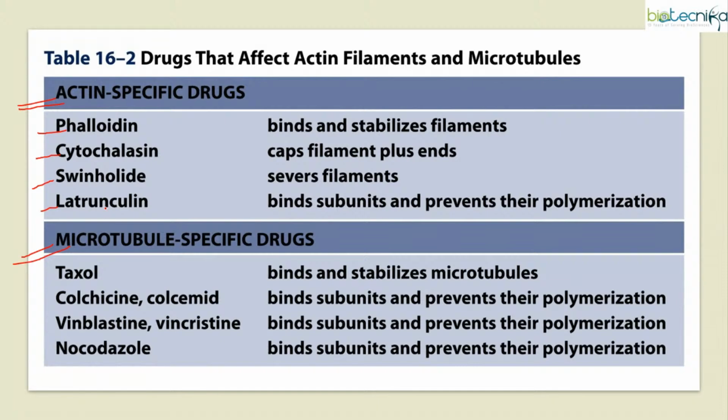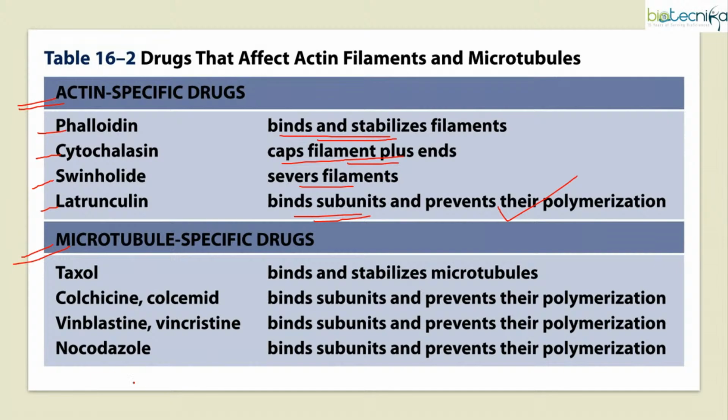So what is their mode of action? Phalloidin binds and stabilizes the filament. Cytochalasin caps the filament plus end. Swinholide severs the filament, and latrunculin binds to the subunits, thereby preventing their polymerization. So these are actin specific drugs.